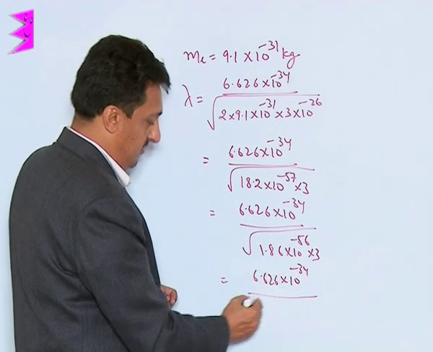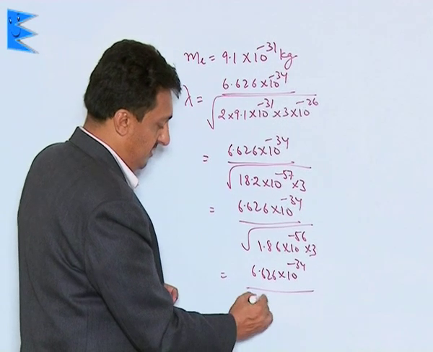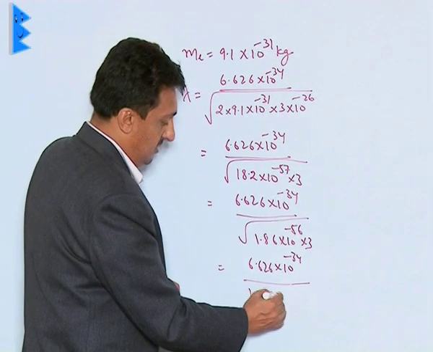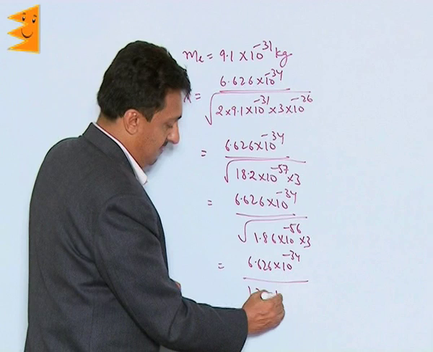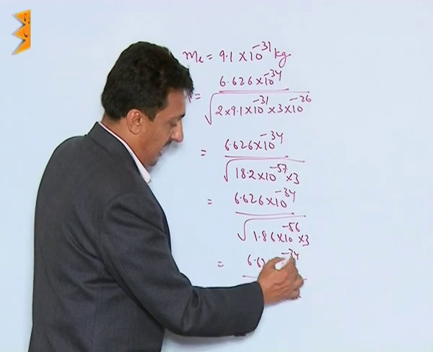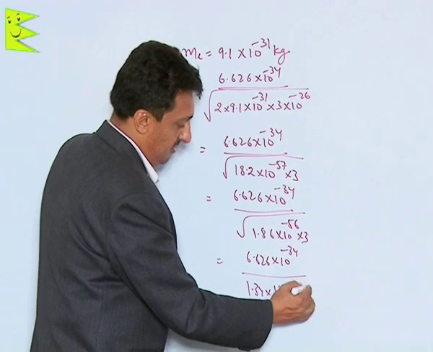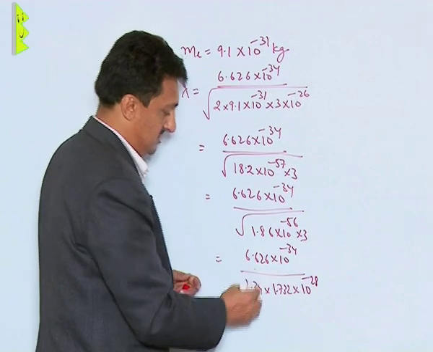The square root we can do finally: square root of 1.86 is 1.34, into square root of 3 which is 1.732, and 10 to the power minus 56 will come out to be 10 to the power minus 28.